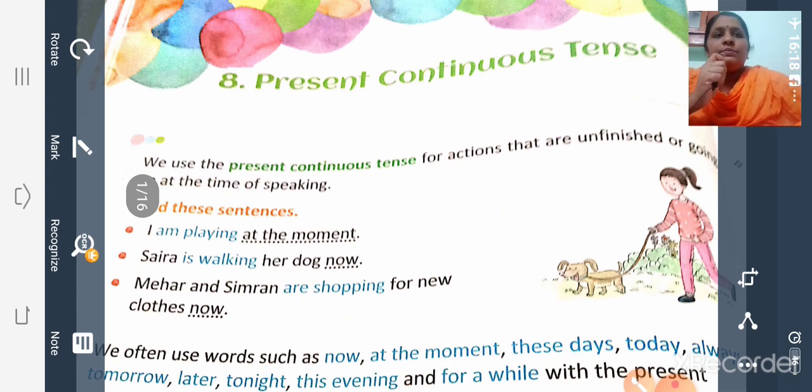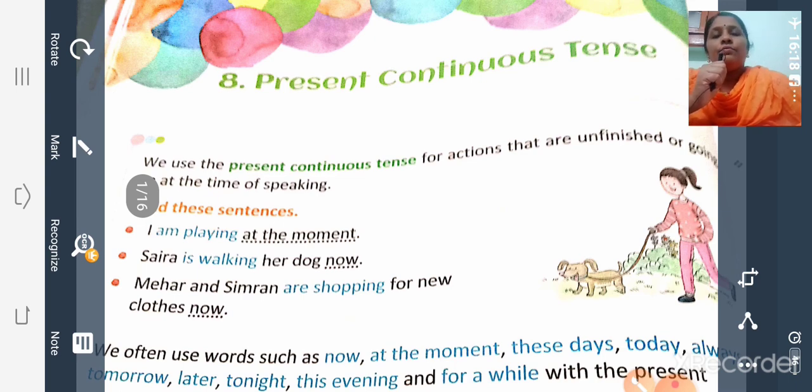In the last class we studied simple present tense. Simple present tense is used to denote an action that happens in the present moment. It is used to denote regular or habitual action and also to denote universal, general truth, scientific truth.